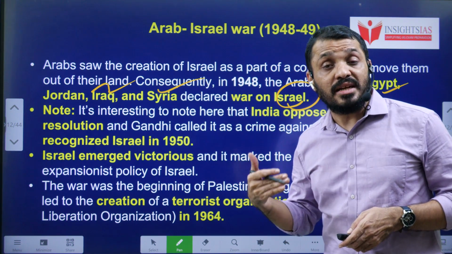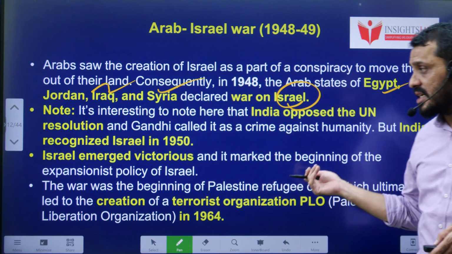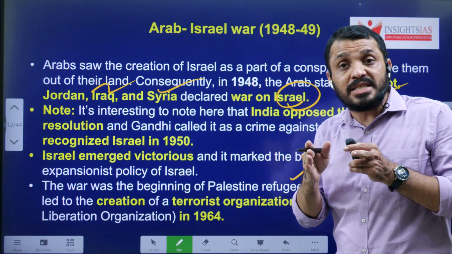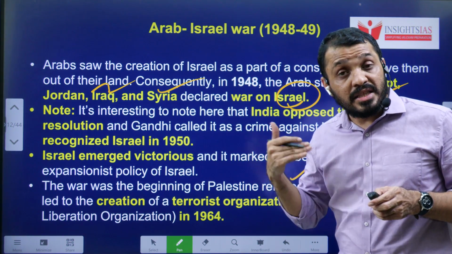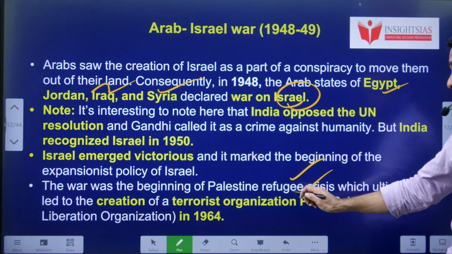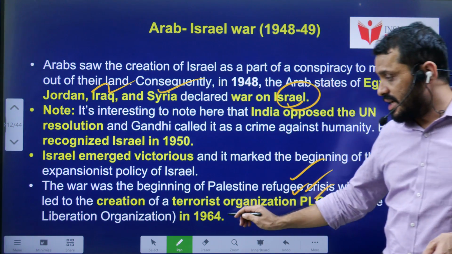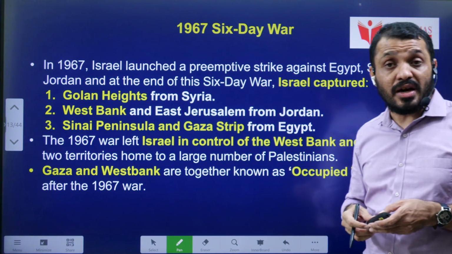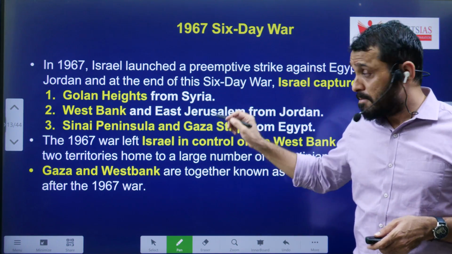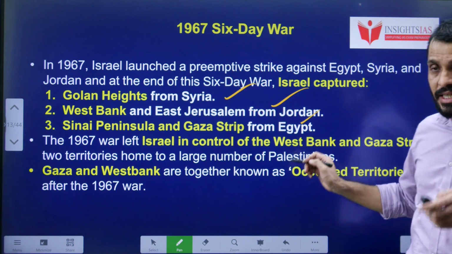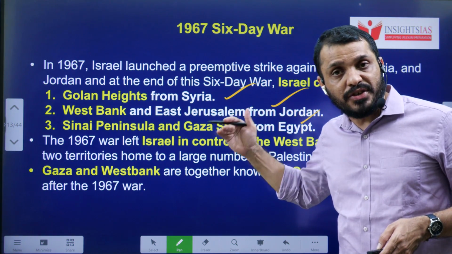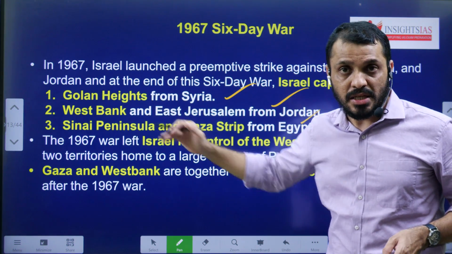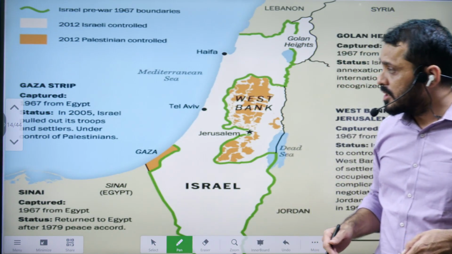And in this war, Israel emerged victorious, and that resulted in the shrinking of Palestine territory. And this also resulted in the creation of the Palestine Liberation Organization in the West Bank region. Later in 1967, the Six-Day War broke out between Israel and Syria, Jordan, Egypt. Like I said earlier, these three countries were defeated by Israel, and they lost respective areas in this particular battle.